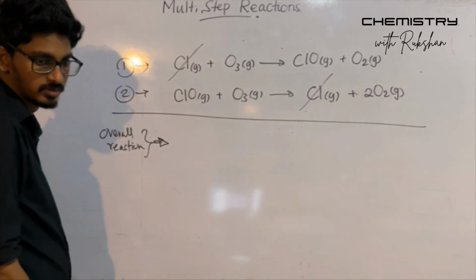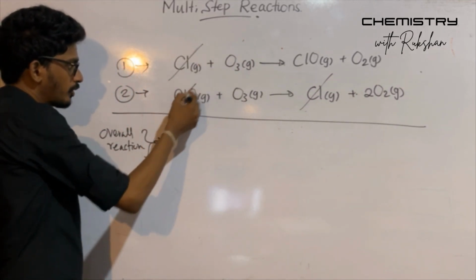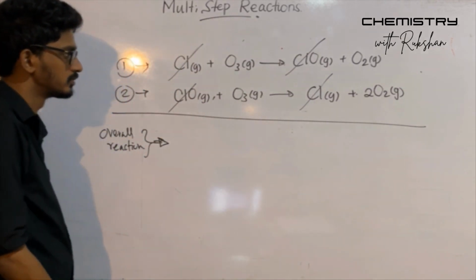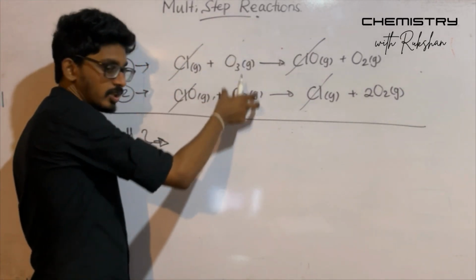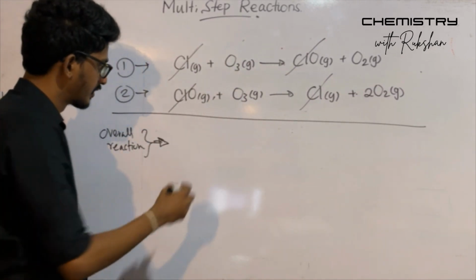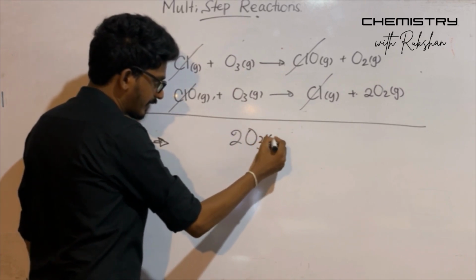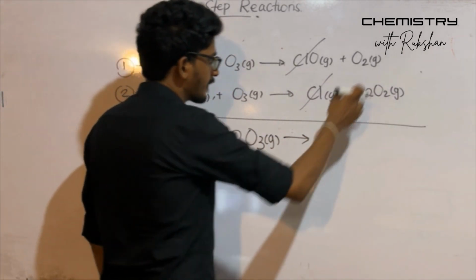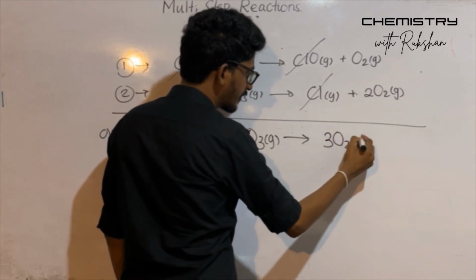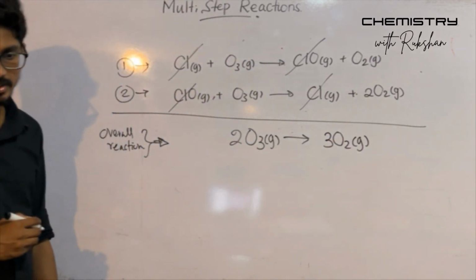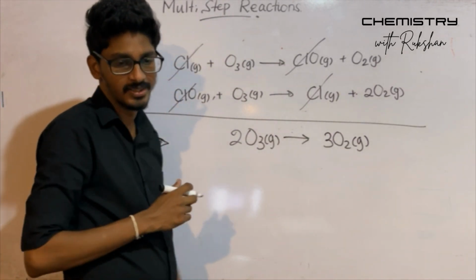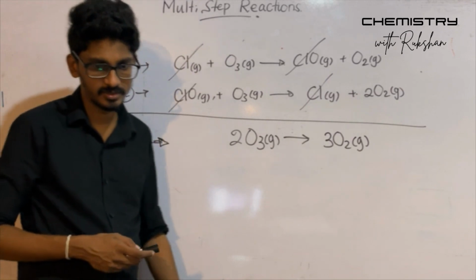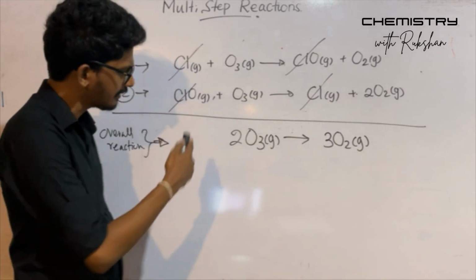This right hand side ClO will cancel off with that ClO. So on the left hand side, two O3 molecules will remain, and on the right hand side, three O2 molecules will remain. That is the overall reaction, as intermediates and catalysts are normally cancelled out and you remain with the reactants and products.